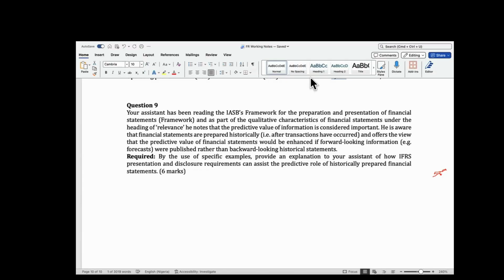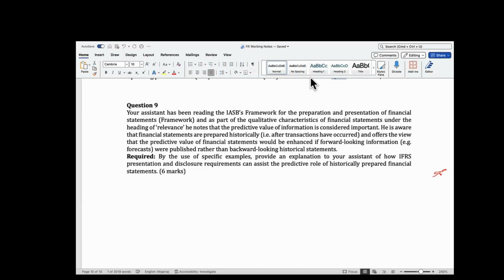Also, IAS 1 and a lot of standards require that when you have material items, you present them separately. When you have material one-off items that do not reoccur, present them separately and disclose that this item is a one-off item or an outlier.